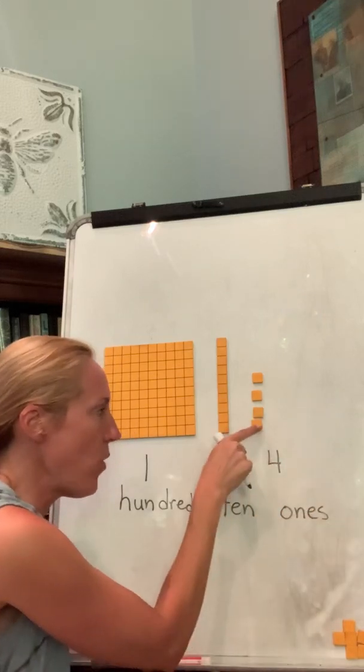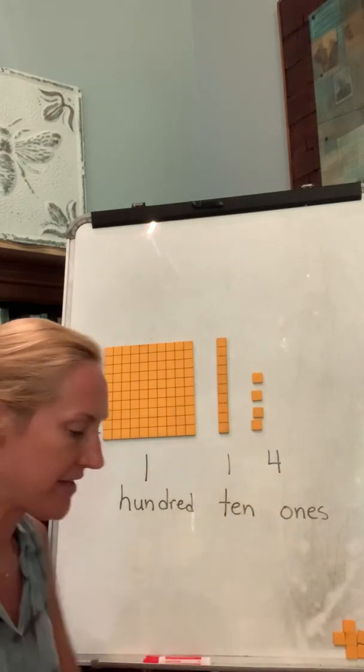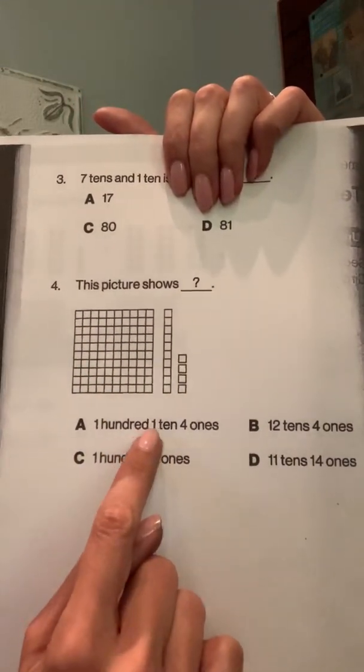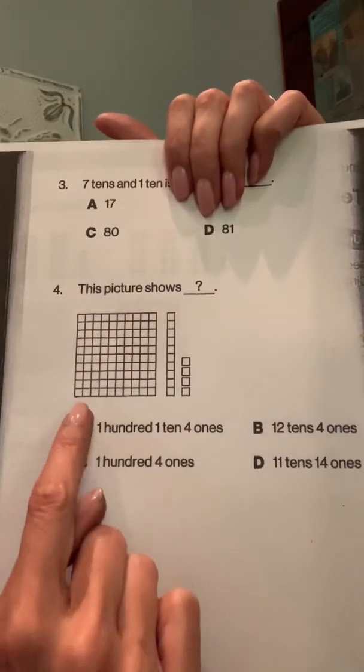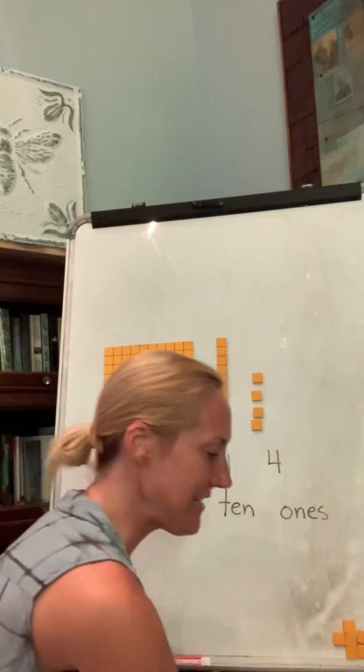We just count them by 1. 1, 2, 3, 4. 4 ones. So we would have circled this very first one that says that we have 100. Here's our 100. 110. There's our group of 10. And 4 ones. So we would circle A. Great job, you guys.